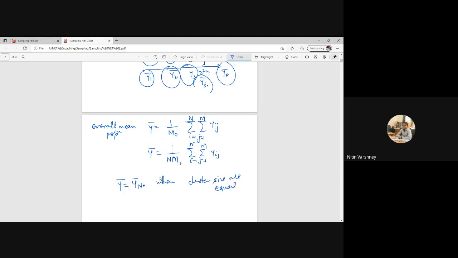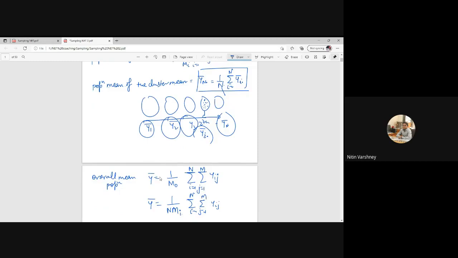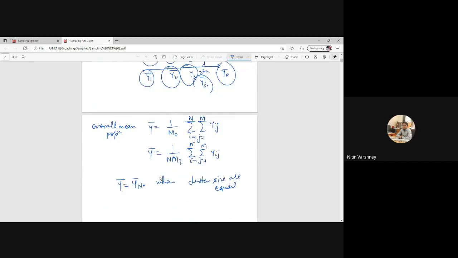See, if I put mi here, now if m1, m2, m3, m4 are equal, then this is 1/n and this is 1/mi. If we calculate this, the population mean of the cluster means will be equal to the overall population mean, that is y bar.